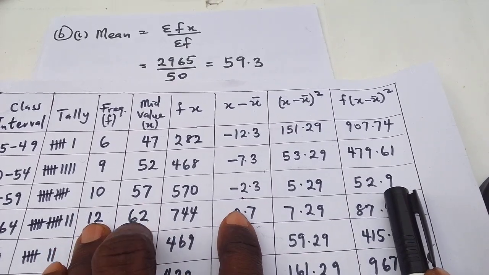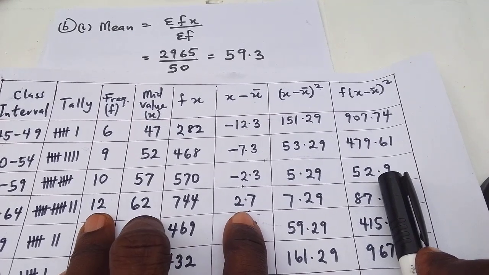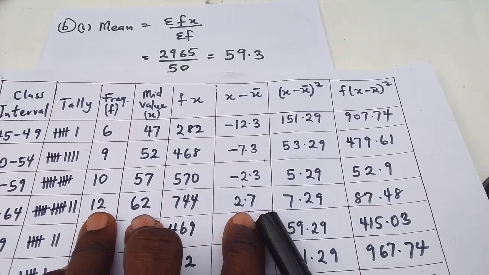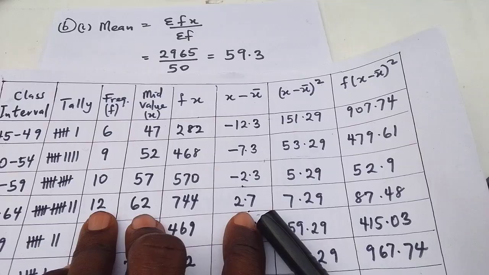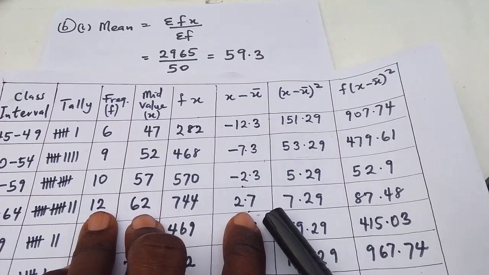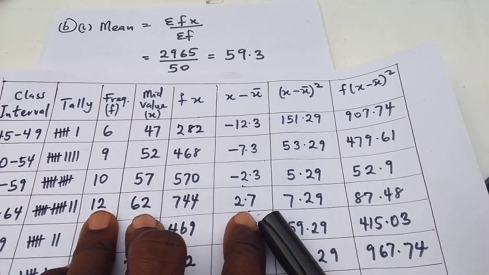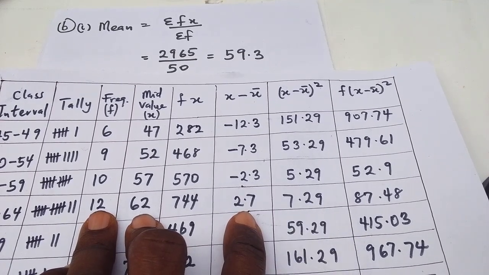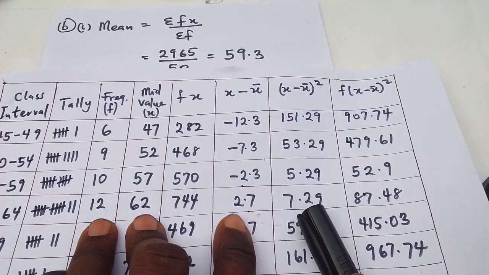Then the next value, we are having x, which is 62 minus the mean, 59.3, it will give us 2.7. 2.7 squared, that is 2.7 times 2.7, will give us 7.29. You now multiply 7.29 by the frequency here, which is 12.